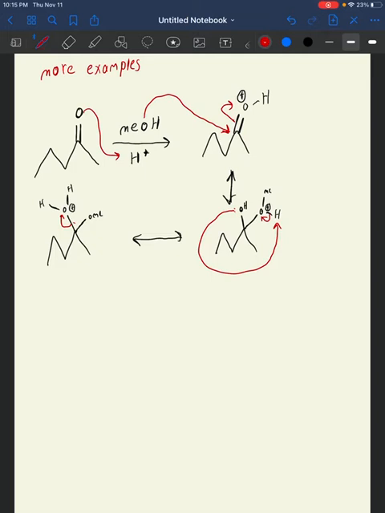This can now leave, giving us our next intermediate. Another MeOH can then come in and attack.